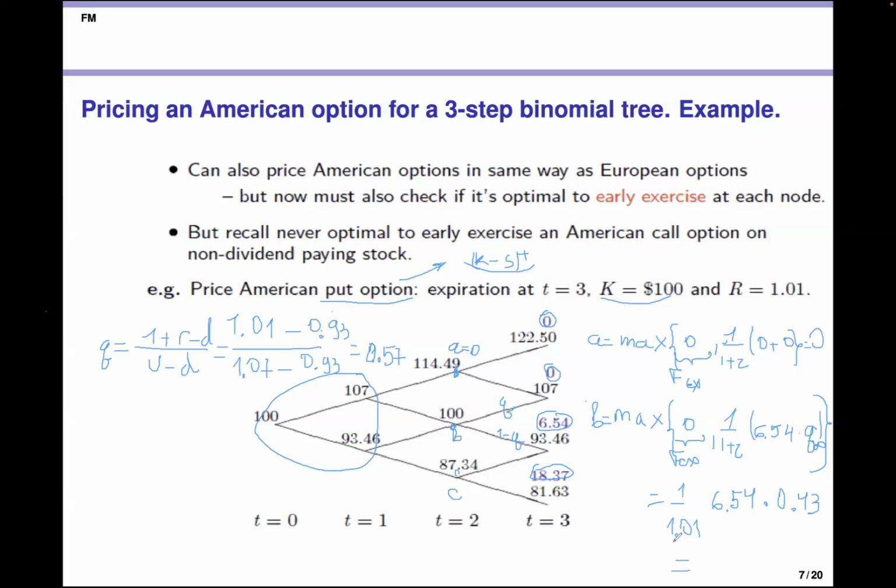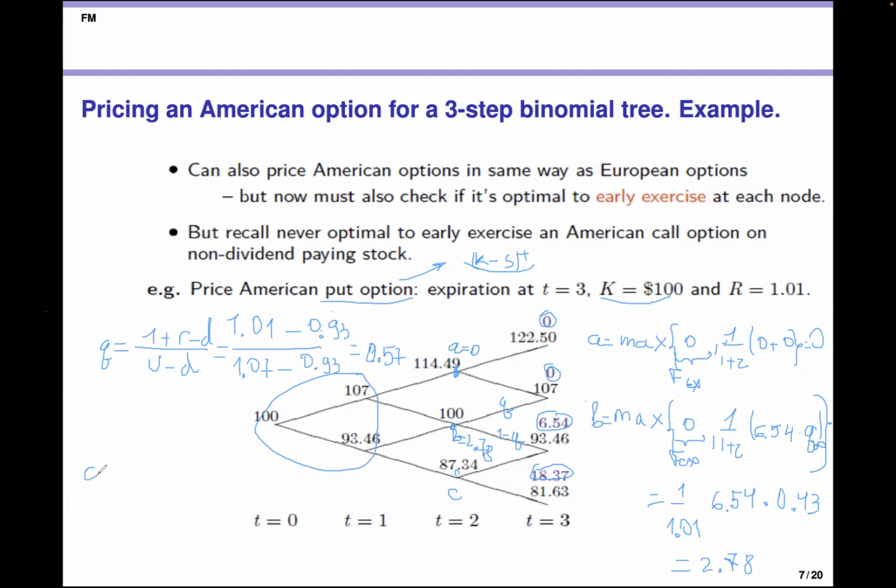This multiplied by this divided by this. I got 2.78. Same, 2.78. Okay, so B equals 2.78. And now we need to compute C.